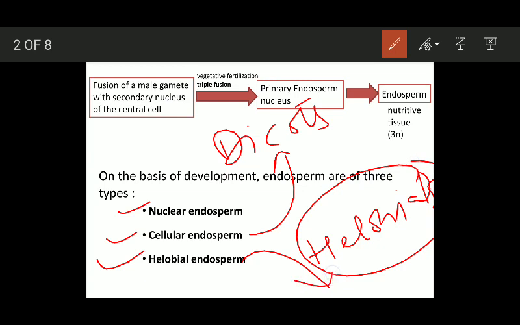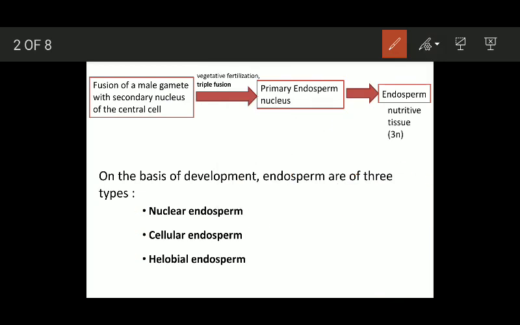This is only found in a specific group which is known as Helobials, monocots. Helobials is a group of angiosperms which are monocots. So there are 3 types of endosperm in angiosperms: nuclear endosperm, cellular endosperm, and Helobial endosperm.